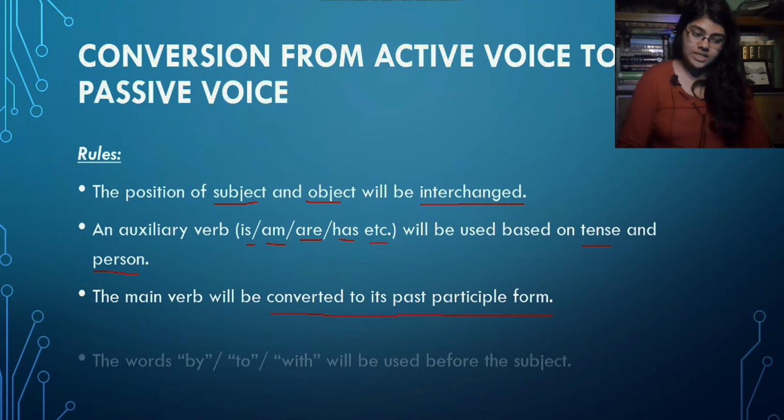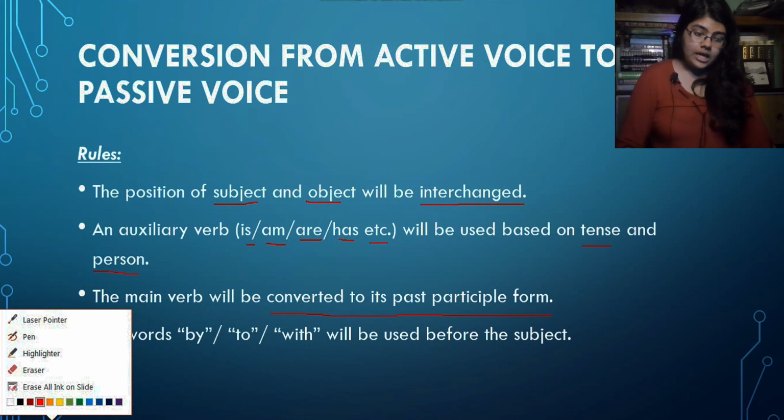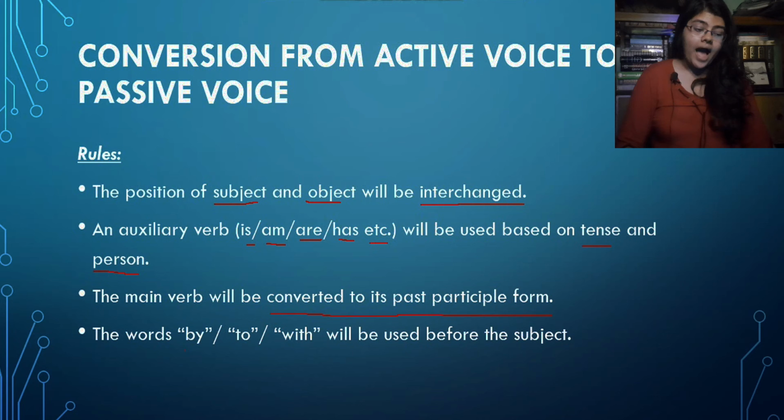Now, what's the next one? The words by, to, with will be used before the subject. This is another thing that we already discussed in the previous portion. So, when you are changing an active voice to a passive voice, we will put either by or to or with before writing down the subject. Alright?